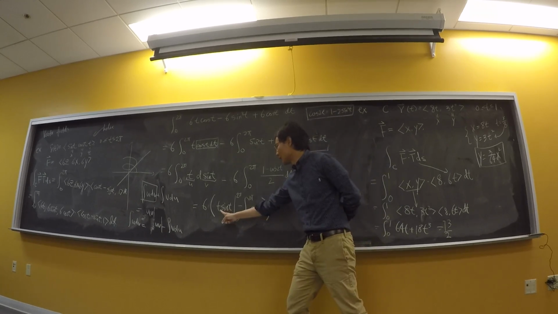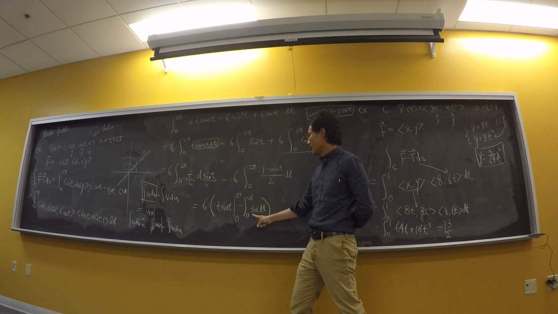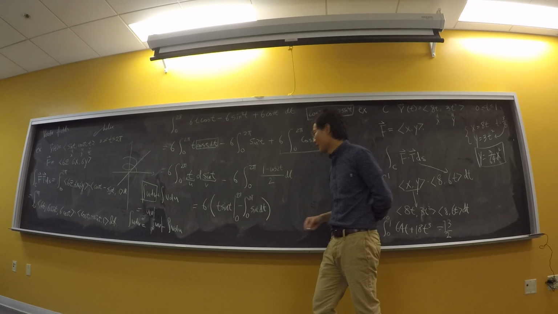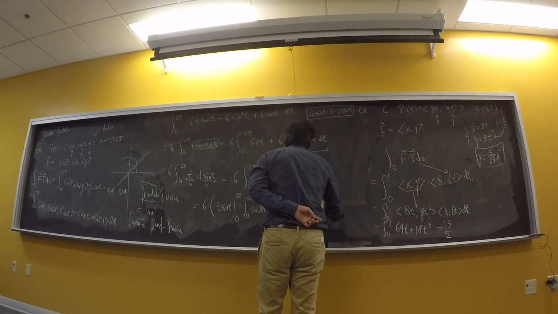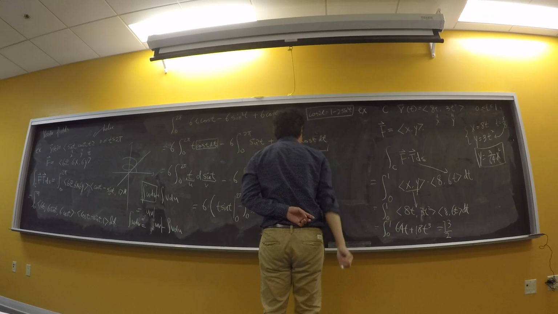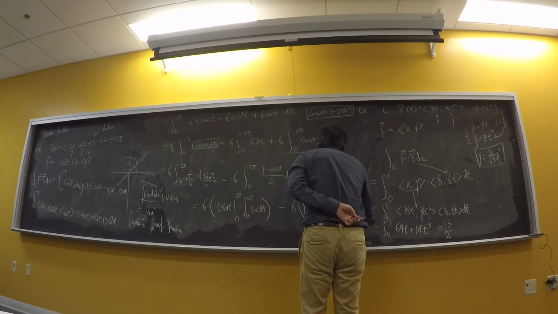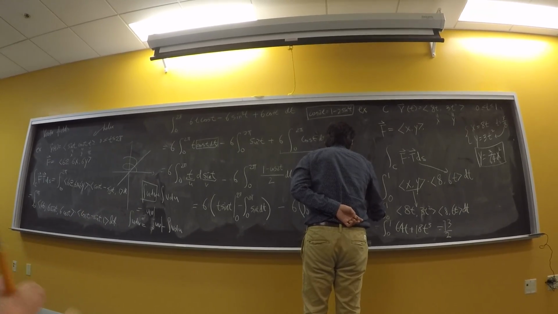So this is uv evaluated between 0 and 2 pi, then taking the integral of v du. And then minus 6 times the integral from 0 to 2 pi of 1/2, then minus the integral from 0 to 2 pi of half of cosine 2t dt.